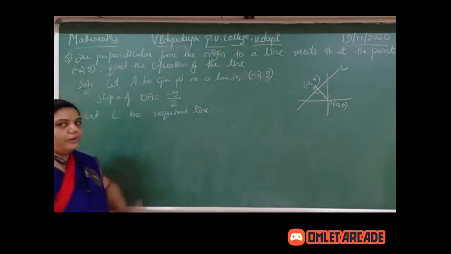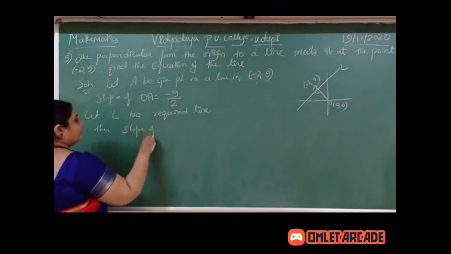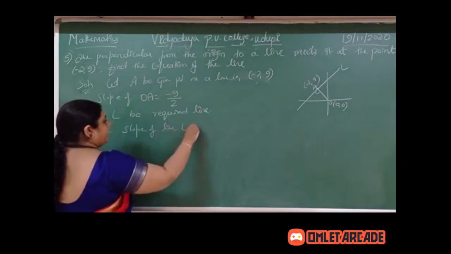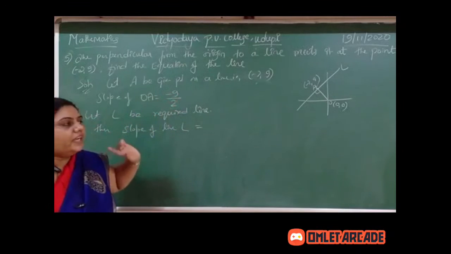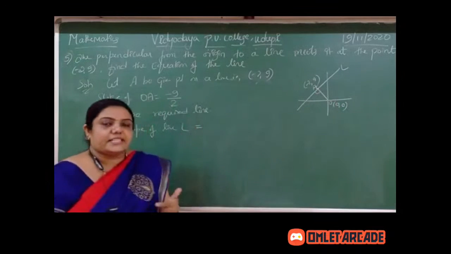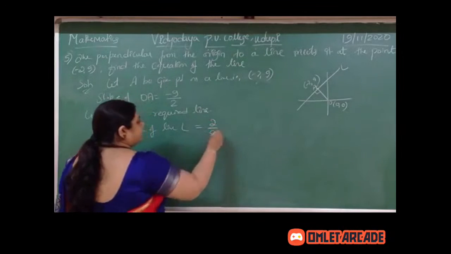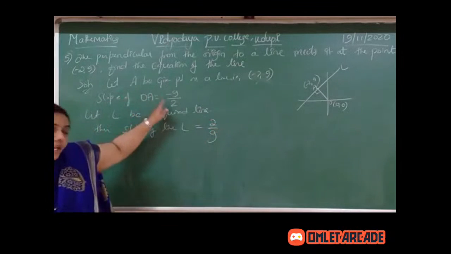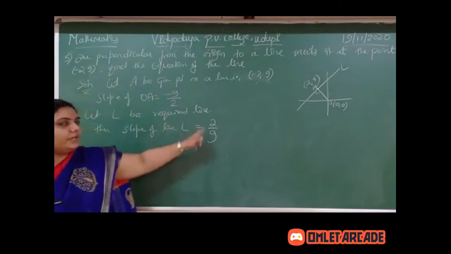Then the slope of line L is, if the slope of OA is minus 9 by 2, then its negative reciprocal is what, students? 2 by 9. Am I right?